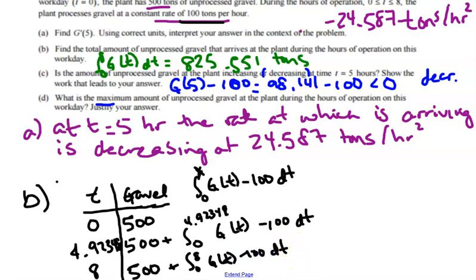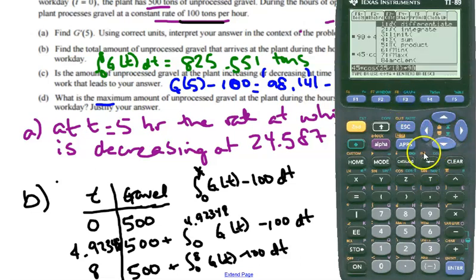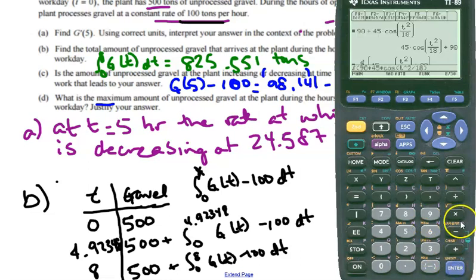So I need my calculator to evaluate these. Going back to my home screen, I'm going to take first the integral of the rate in function, which was the very first thing I typed in. See how useful it is that I had that typed in. And I need to open up another parentheses here because I want to have not just my rate in, but also subtracting out my rate out.